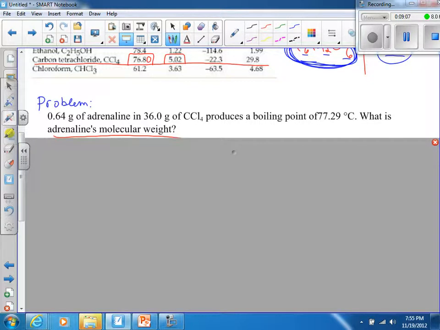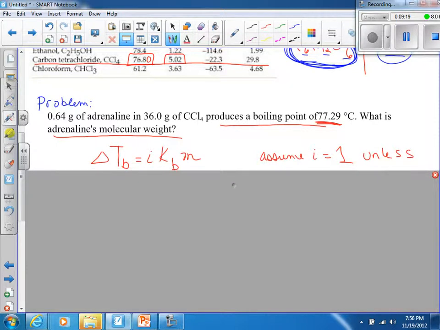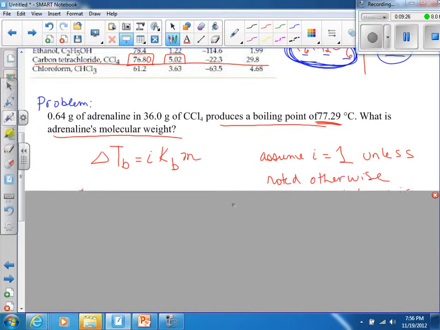So first you have to recognize, it produces a boiling point change. It went from 76.8 to 77.29. It elevated, so we have to use our boiling point elevation equation. We're going to assume I equals 1 unless noted otherwise.